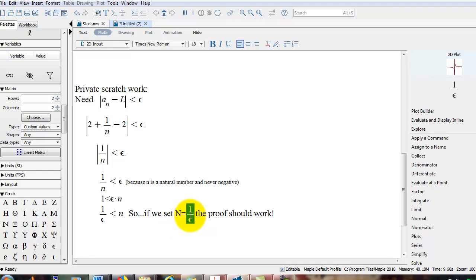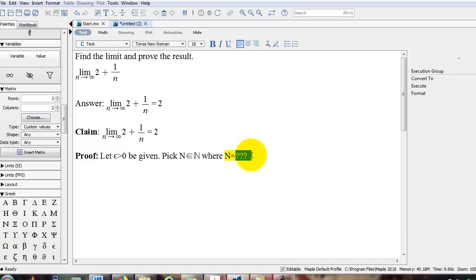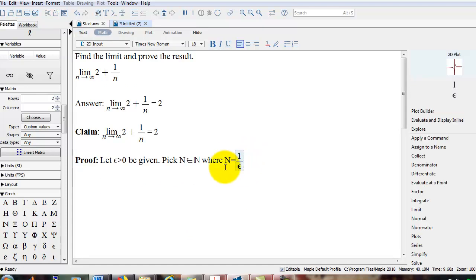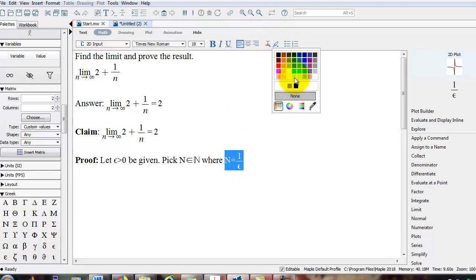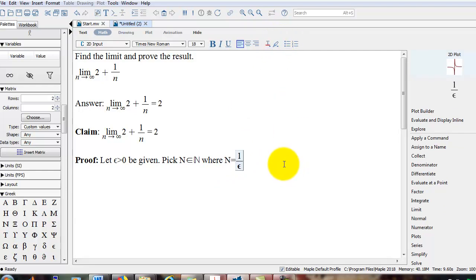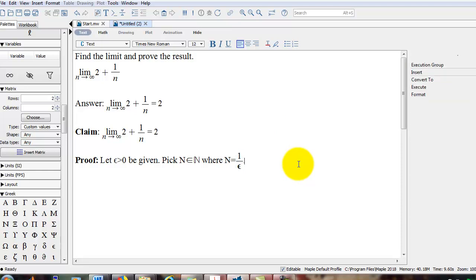All right, let me show you how that will work. And now let's work with it in the problem. Okay, so far, let epsilon greater than 0 be given. We're going to pick a natural number capital N where N is equal to 1 over epsilon.